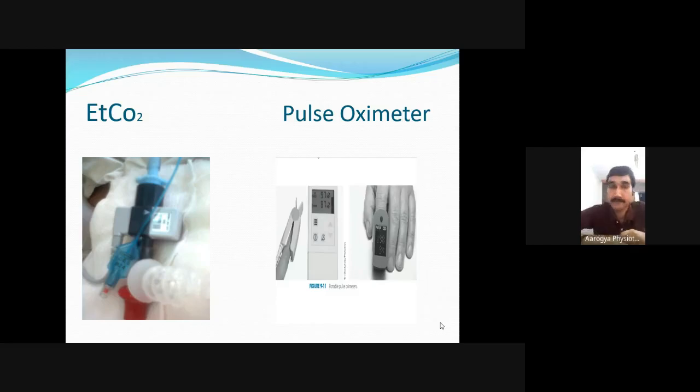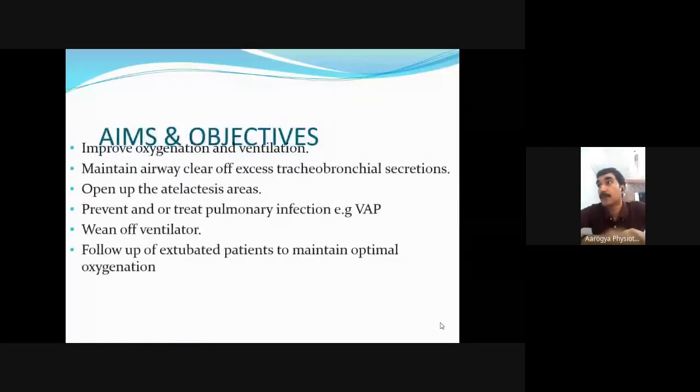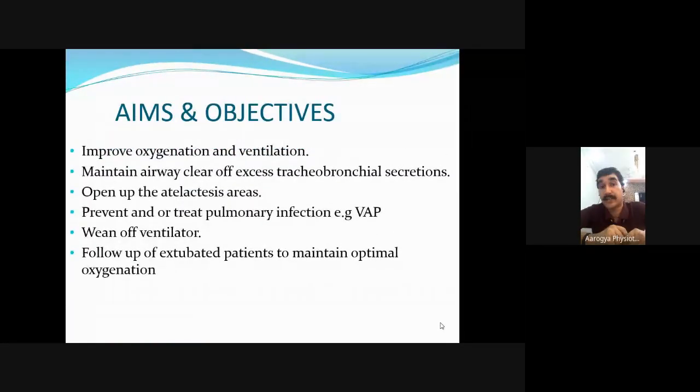Next, as a physiotherapist, your aims and objectives as you approach the patient are to improve the oxygenation and ventilation, to maintain the airway, and to see if there are any tracheobronchial secretions, because they will cause an increase in resistance of the airways. If there is any atelectasis, you need to open up the atelectatic area by your treatment strategies. The next important thing is the prevention and treatment of pulmonary infection, for example VAP, ventilator associated pneumonia.